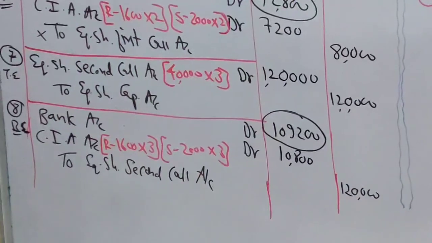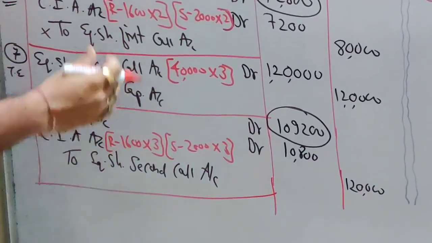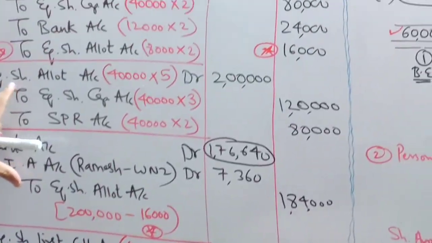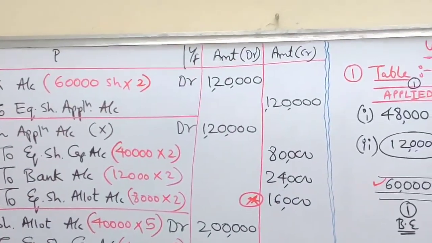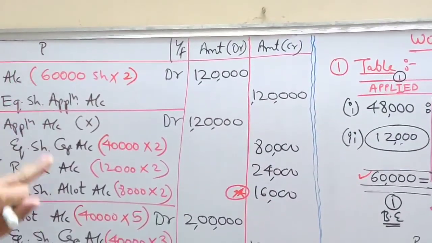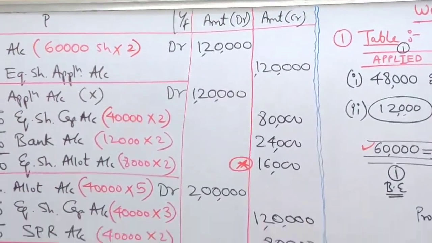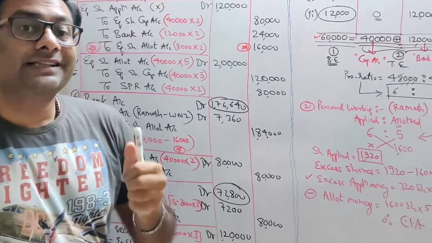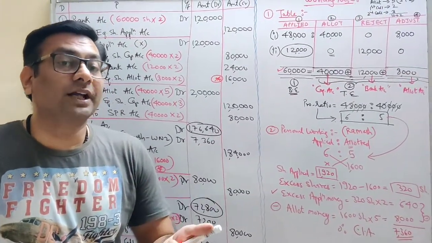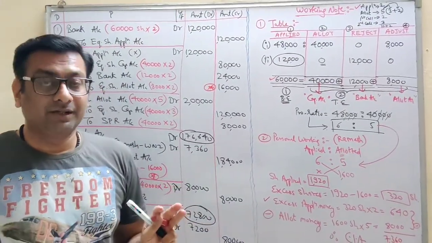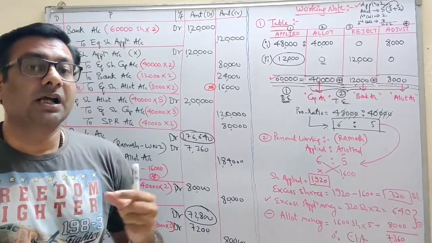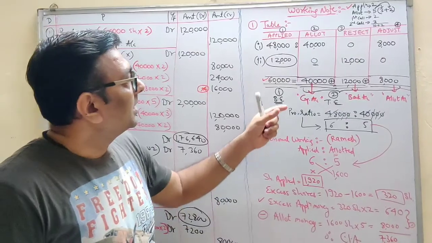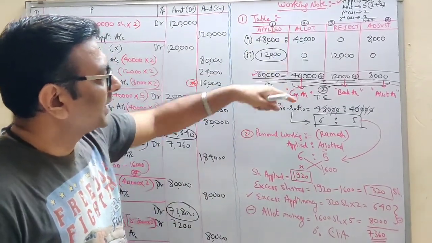So we are done with all the installments. All calls are done. Application 2 entries, allotment 2 entries, first call 2 entries, second call 2 entries. We are done with the installments. Now what is the question saying next? The question is saying that these shares of Ramesh and Suresh got forfeited. So we are supposed to pass the forfeiture entry. So I am just erasing this working note.